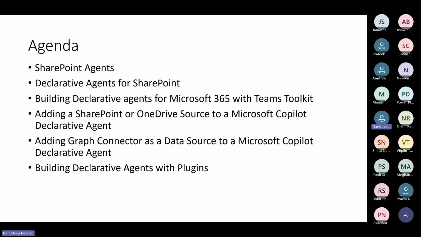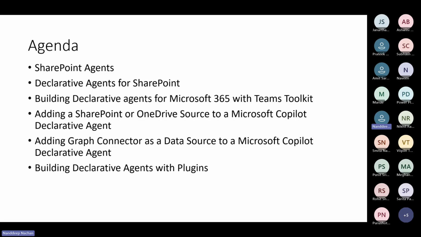There are various data sources, for example, files or information in SharePoint or OneDrive, or something using a Graph connector, where you have brought information or content from external sources or external systems into your Microsoft 365 and have it indexed. Now, how do you use that for your agents? We will also see how to build a declarative agent with plugins. I don't think we'll be able to cover that, but let's see if we can.